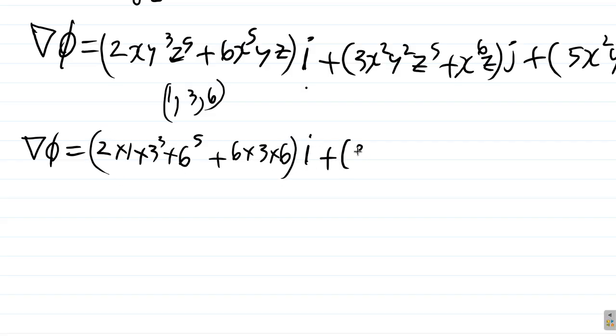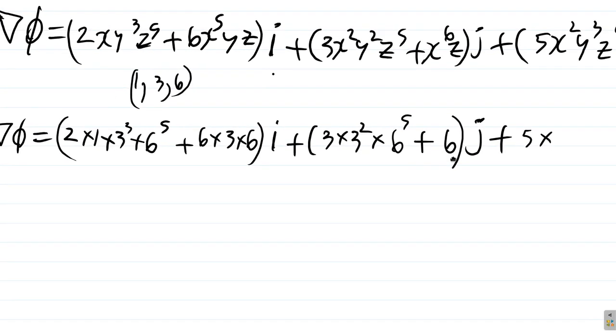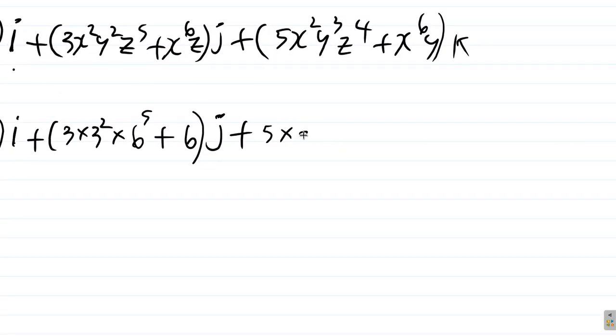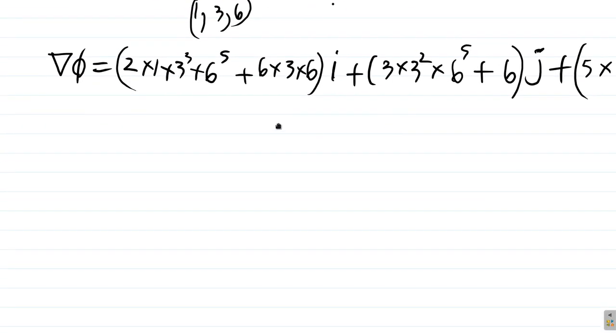That's i, plus 3 times 1 squared, which is 1, times y squared, which is 3 squared, times z to the 5, which is going to be 6 to the 5, plus x to the 6, which is just 1, times z, which is 6, j, plus, and this part is going to be 5 times x, which is 1, so it's 5 times 1 squared, which is just 1, and give you back 5 times y, which is 3 cubed, z is 6, so it's times 6 to the 4th, plus x to the 6, which is just 1, times y, and y is 3. Alright. Okay, let's see if we can get the numbers now.